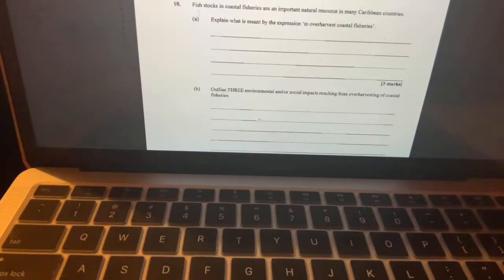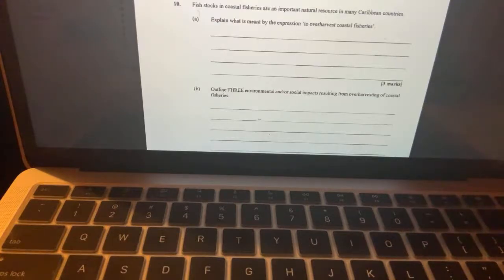Species diversity decrease. Disruption of food chain and food web.